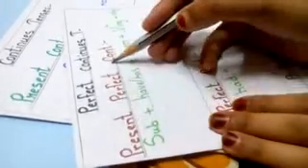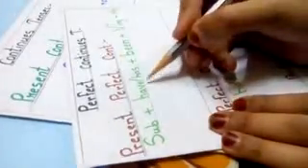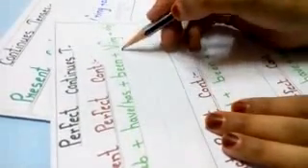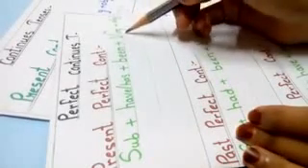Now it's time for present perfect continuous. The formula is quite longer, but if you learn this, it will be easier to understand. For present perfect continuous tense, subject plus have or has plus been plus V4, that is verb with ing, plus object. I will repeat: subject plus have or has plus been plus verb with ing plus object.